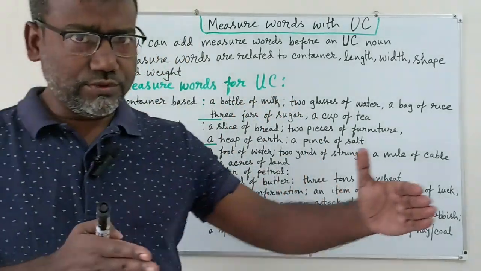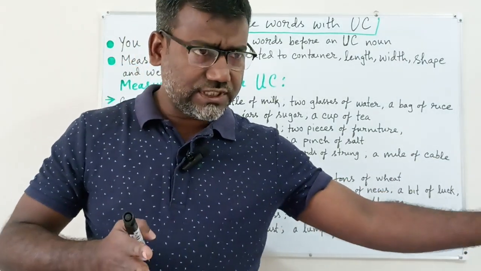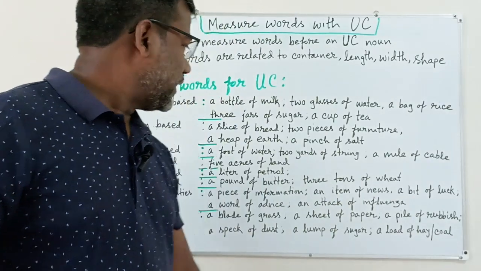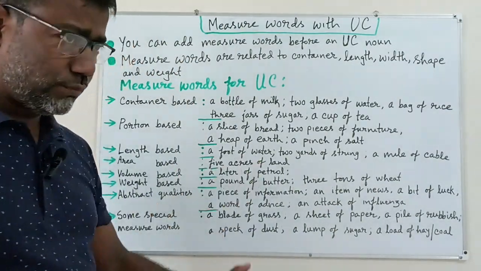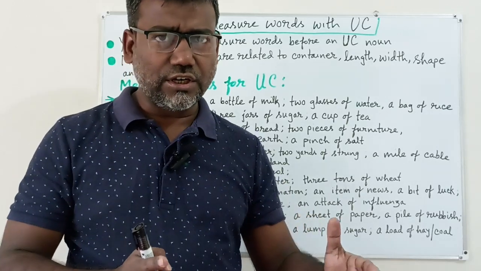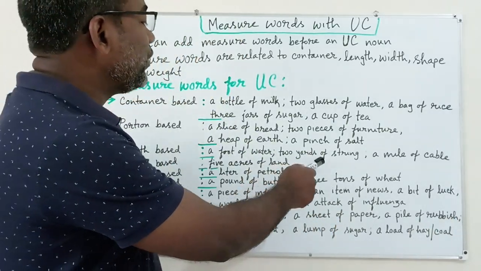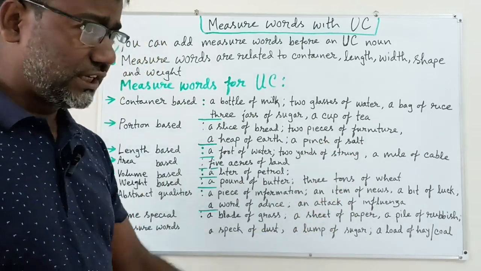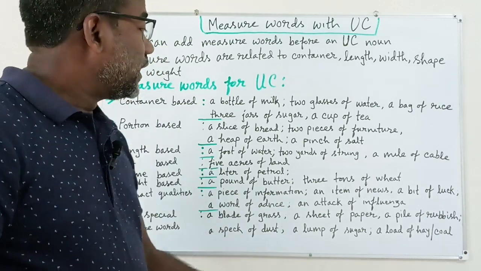Length based. When we measure how long something is, that is length. And length based, a foot of water. Foot is a unit for measuring length. And then 2 yards of string. String is used for binding something.